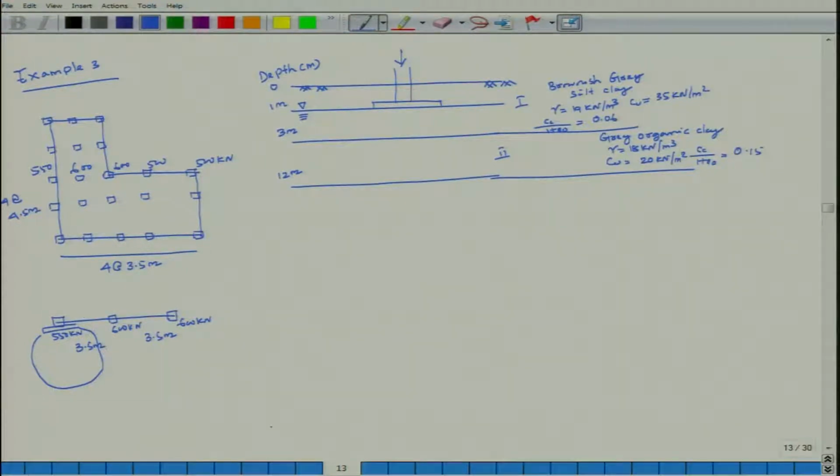Consider the second one as if it is one of the individual isolated footings. Take the subsoil profile and find the dimensions. Again plot your pressure bulb and look here whether for the two isolated footings there is any overlap of pressure bulb or not.